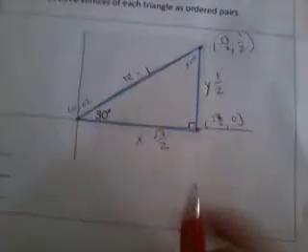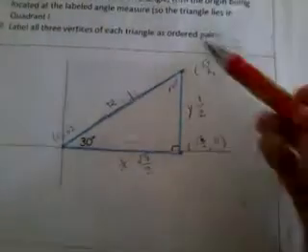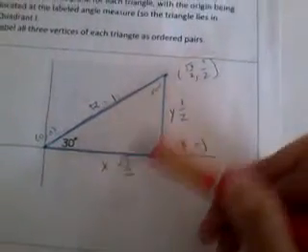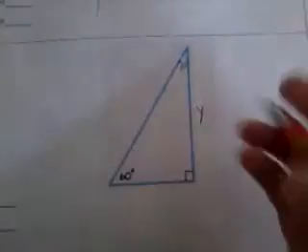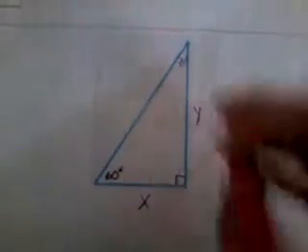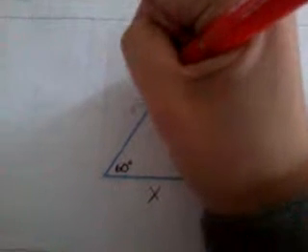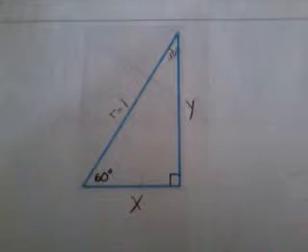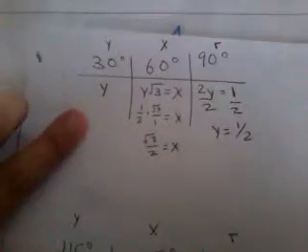It is the same thing as this triangle, only the y will not be facing the 30 degree and the x will not be facing the 60 degree. So in this case, the y will be facing the 60 degree and the 30 degree will be x. And then we said that our hypotenuse will always equal 1. So it applies the same rules as this one.